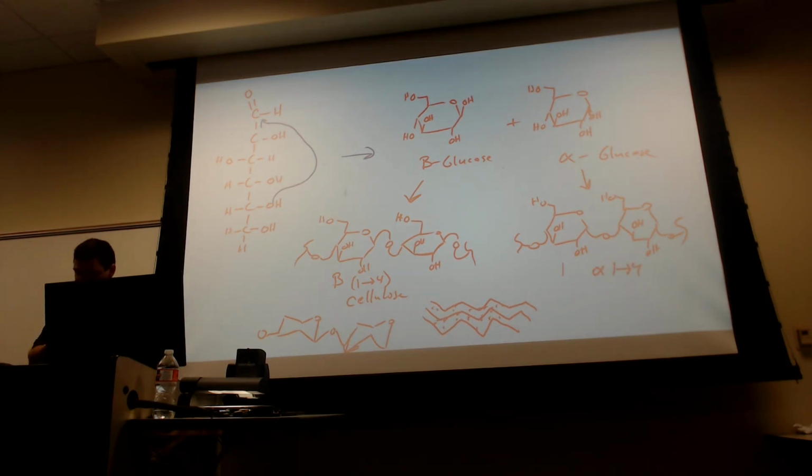Now they also have something else too. We have these linear parts that are alpha linked, but we also have branch points. Who remembers where the branch points occur? 6. Yep, so we can have 1,6 linkages as our branch points.